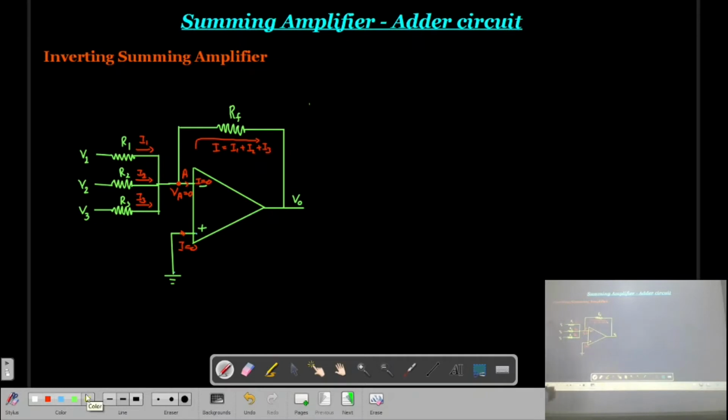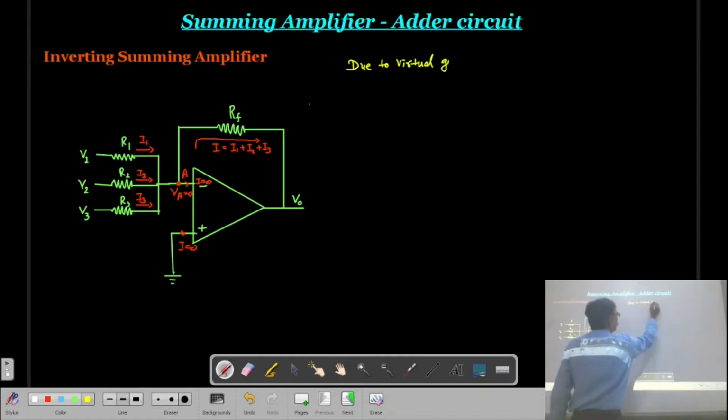So first of all, we will consider the concept of a virtual ground. We write that due to the virtual ground, my potential VA will be equal to 0. Correct?